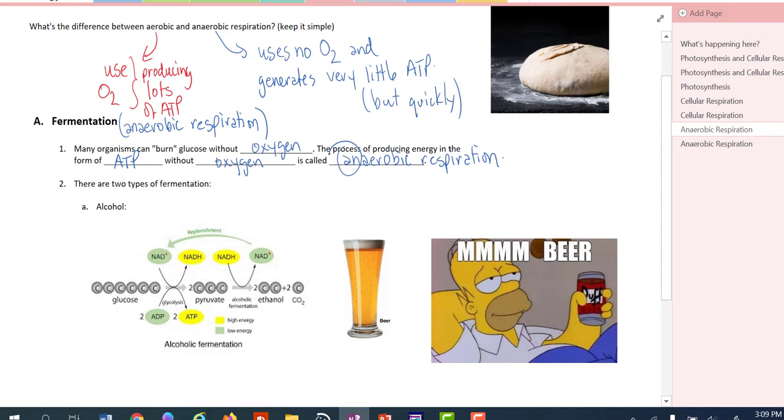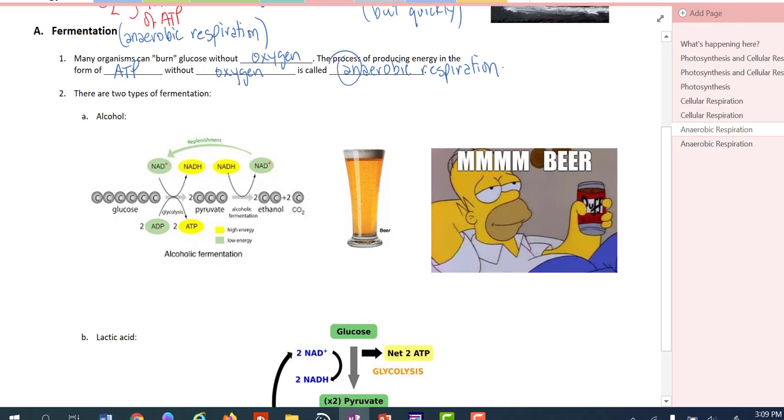So we've got two types of fermentation. We have alcohol fermentation, and essentially what you want to think about is with no oxygen present. With no oxygen available at the end of the electron transport chain, remember?